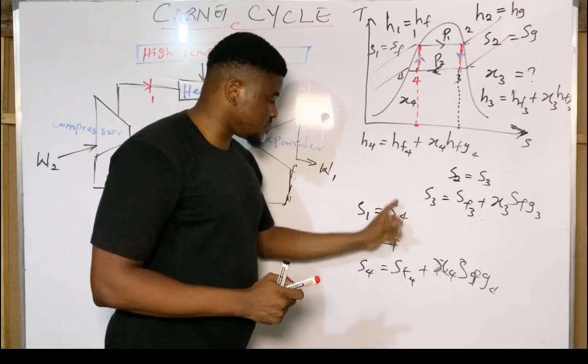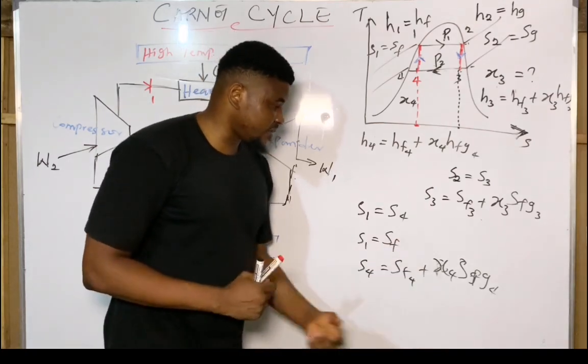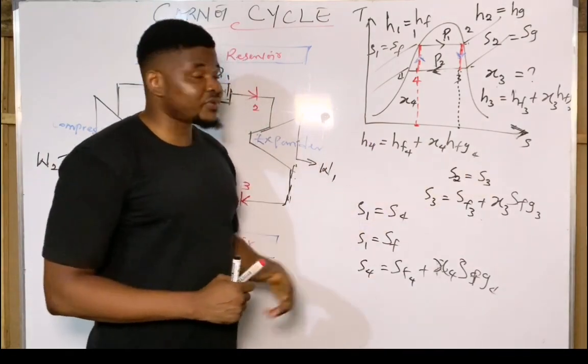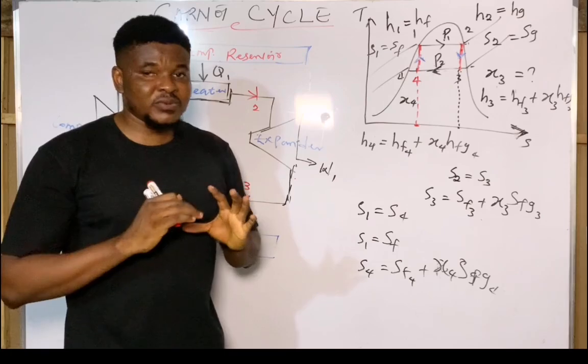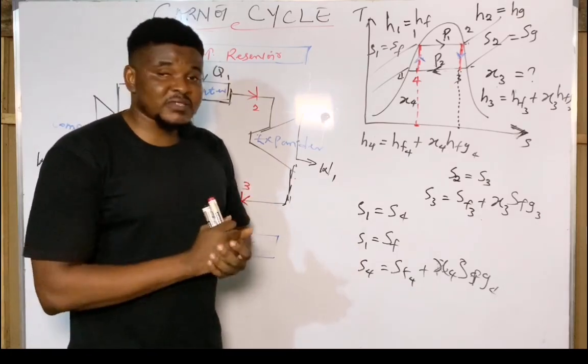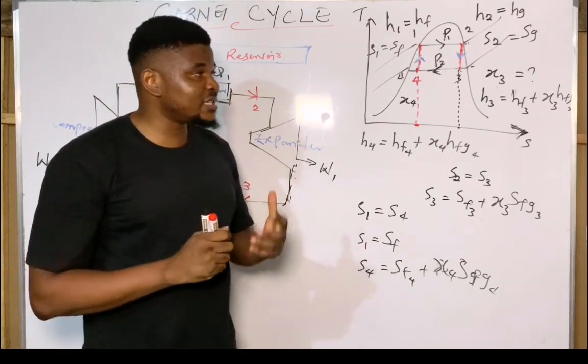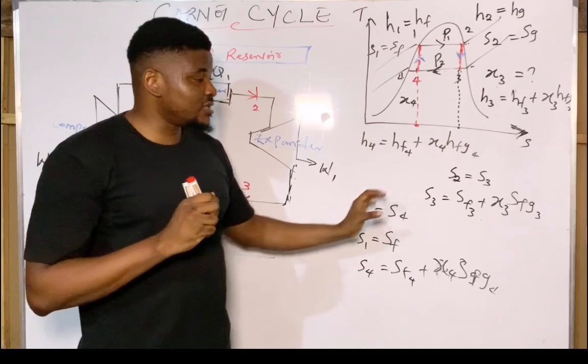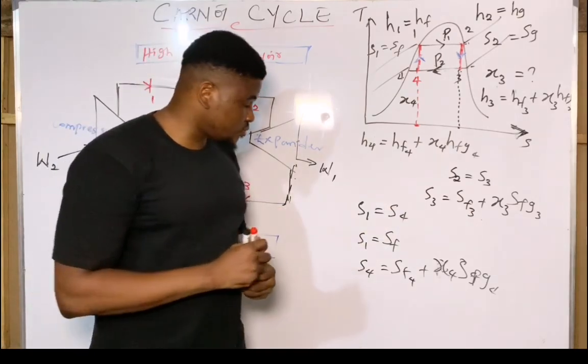Now, if you equate the two of them together, you can find your dryness fraction from there, plug back into this equation and find the enthalpy at state 4. So it's as simple as this. The equations of the Carnot cycle are calculated using the enthalpies. All you need to do is understand the TS diagram and know these little manipulations, then you're good to go.